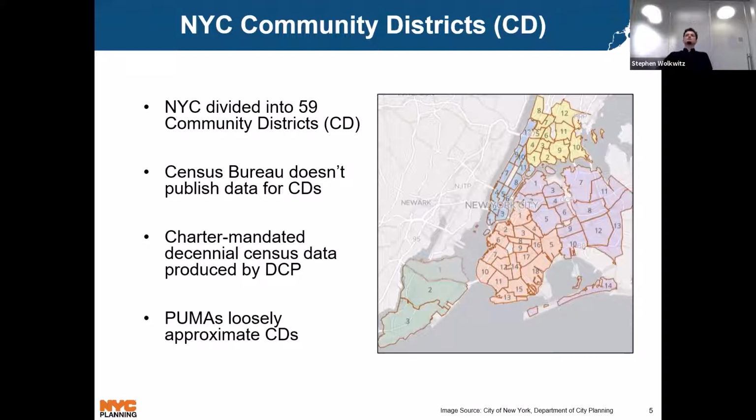But in the interim, between census periods, we have to rely on PUMAs to get annually updated American Community Survey data that you may be familiar with. And PUMAs loosely approximate community districts, so even though it's not a perfect fit, it's the best we can do in matching the American Community Survey data to our CDs and continue to get more detailed data for them throughout the decade, as we wait for each decennial census update.